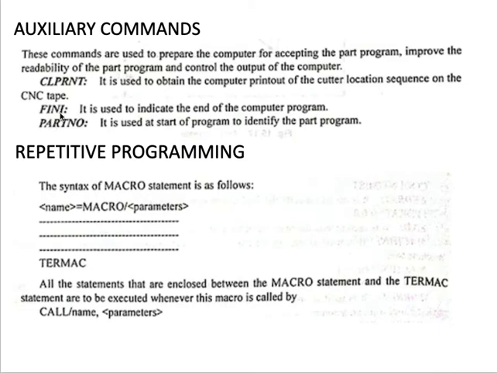Next is FINI. It is used to indicate the end of the computer program. And PARTNO, part number, is used to start the program and identify the part program. So this is what the auxiliary commands are.